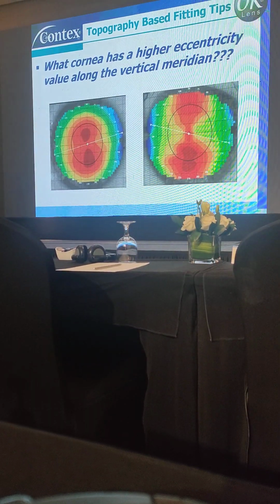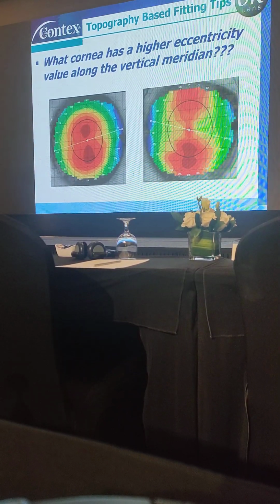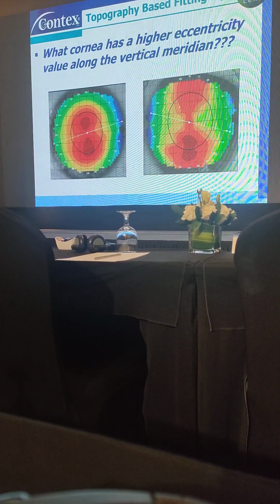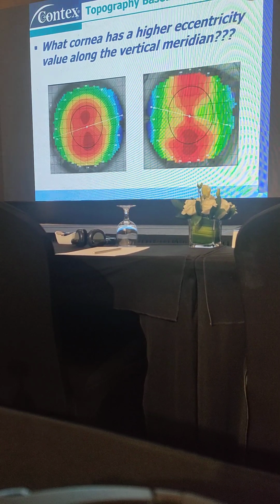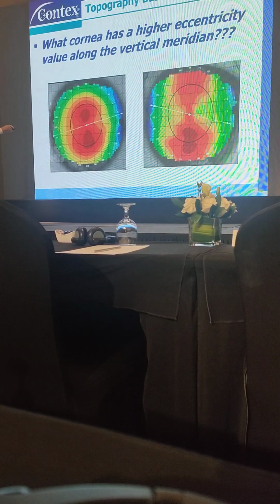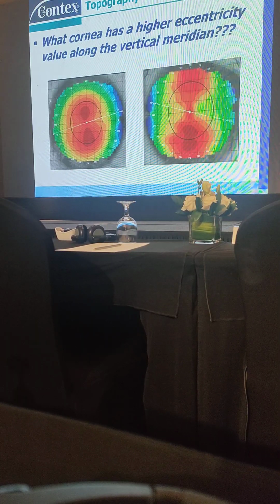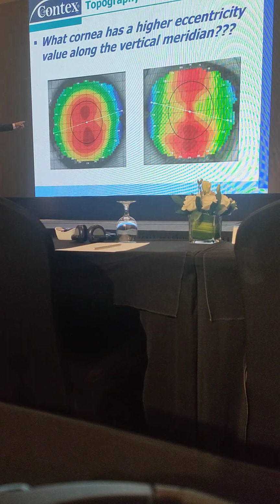So this is kind of a question here: which cornea has a higher eccentricity value along the vertical meridian? Up and down here, does this map have a higher eccentricity value, or that map? Does anybody have their guess? This one?